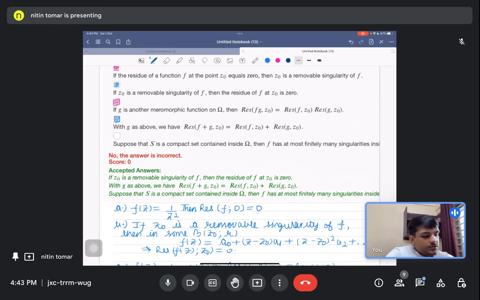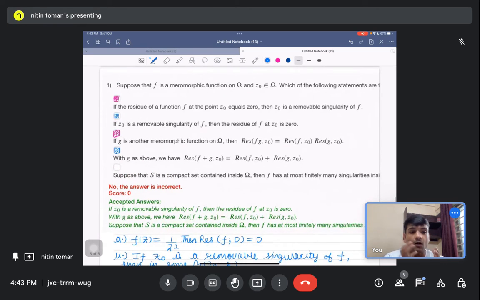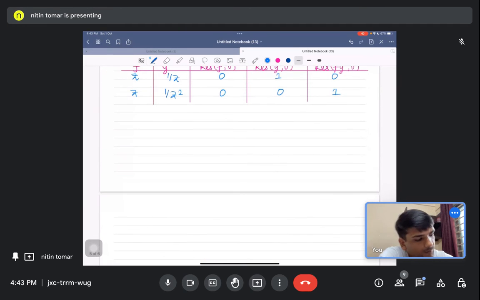Now, suppose S is a compact set contained inside omega, then f has at most finitely many singularities. This option is correct. Why? See, if S is a compact set, and f is a meromorphic function, this needs a proof.